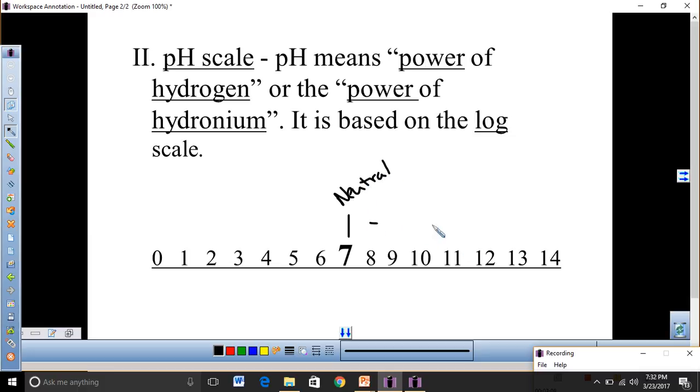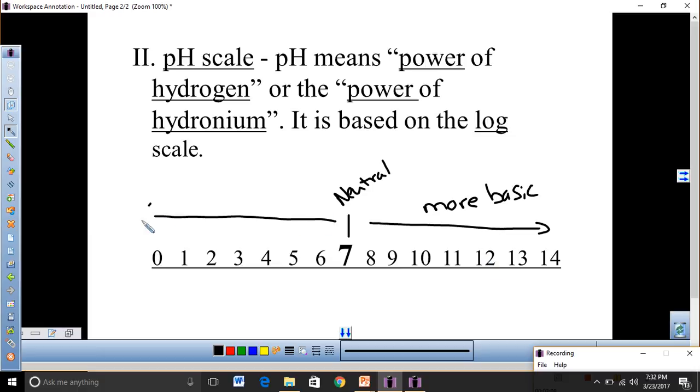Okay, and the more you go this way, you get more basic. So a 14 is a lot more basic than a 12. The more you go this way, you get more acidic. And it doesn't seem like there's much difference if you go from a 7 to a 4, but every time you move from one number, it's 10 times more.